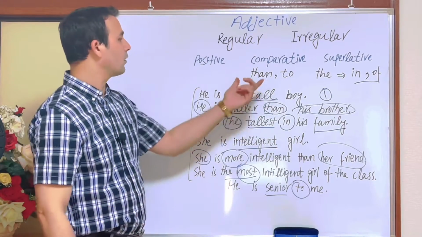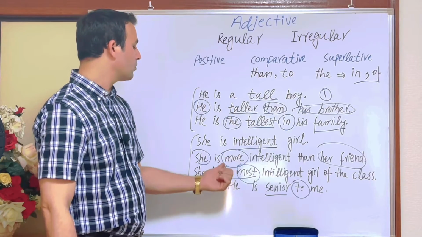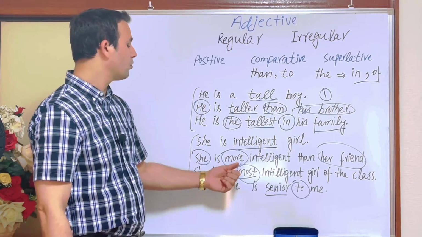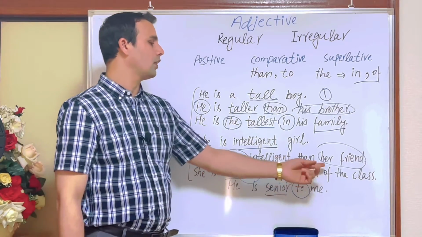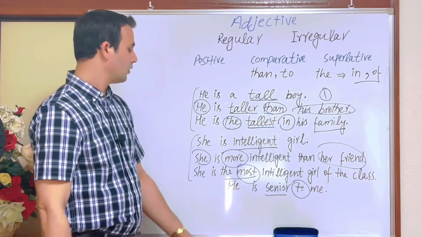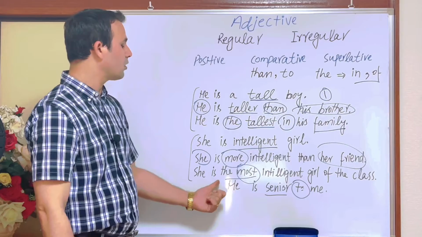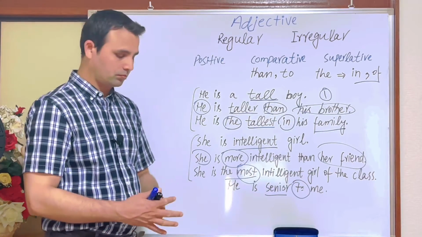For comparison, we have to use more and than. She is more intelligent than her friend. And for the superlative degree, we have to use: she is the most intelligent girl of the class.